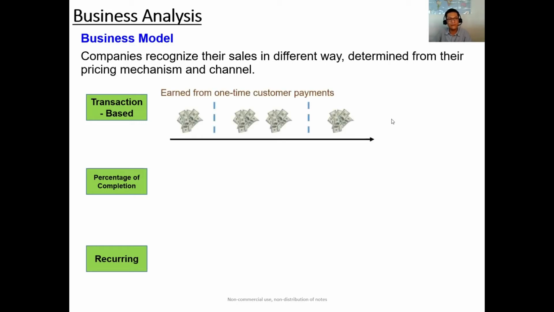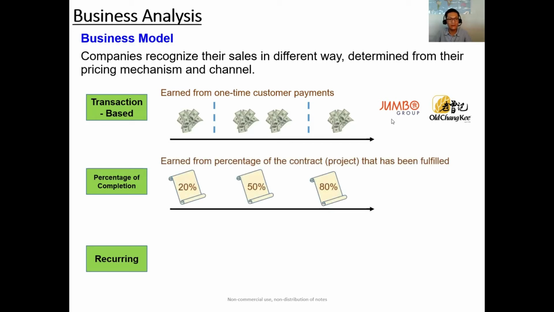For the transaction-based sales recognition, the company earns its sales from one-time customer payment. For example, Jumbo Group and Old Chang Kee are a food retail group and a restaurant that earn revenue from the customer through one-time payment for selling their snacks or food.